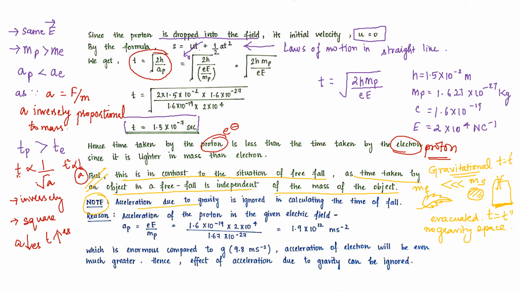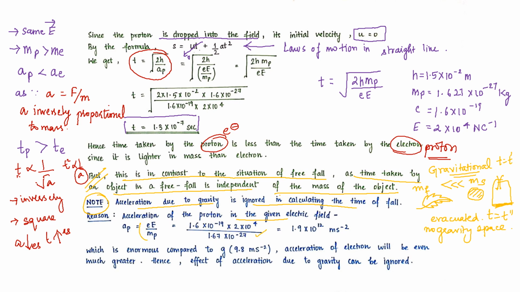Acceleration due to gravity is ignored in calculating the time of fall. When we were considering the electron and proton in the previous case 1 and case 2, we did not take into account the acceleration of gravity. And why did we do that? Because acceleration of proton in the given electric field is this.